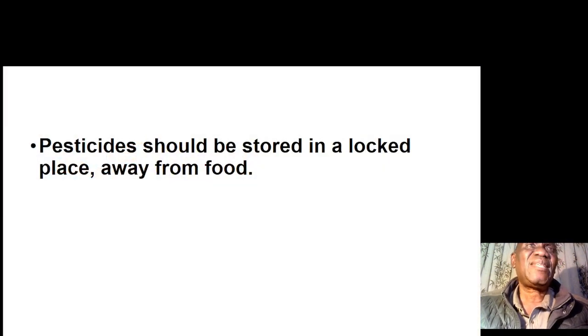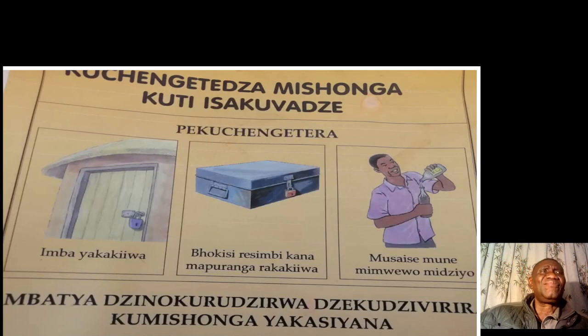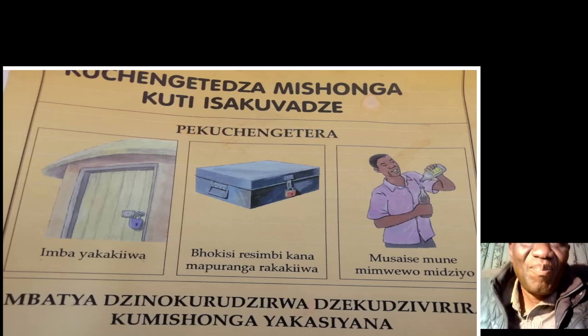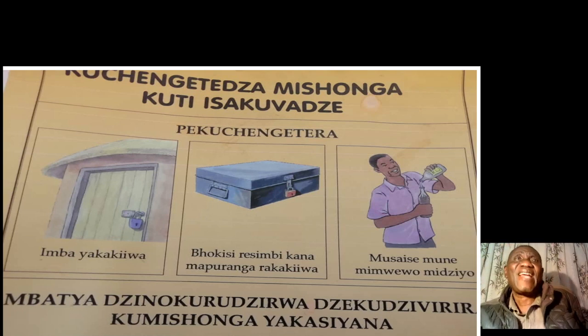Pesticides should be stored in a locked place away from food. So these are some of the places where you can put pesticides under lock and key, so that you limit the access to these pesticides.